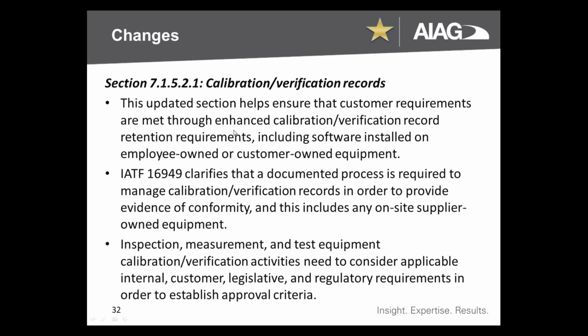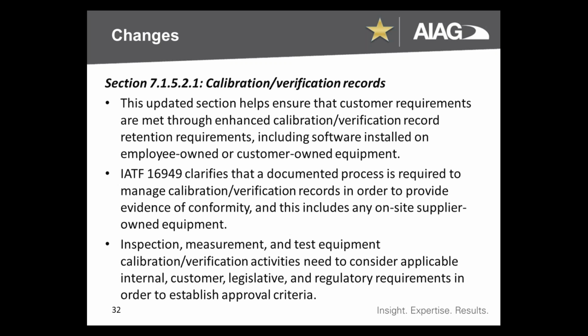7.1.5.2.1, calibration verification records. This is an enhancement of requirements related to records and record retention requirements, and it makes it clear that the scope of this includes software installed on employee-owned or customer-owned equipment.